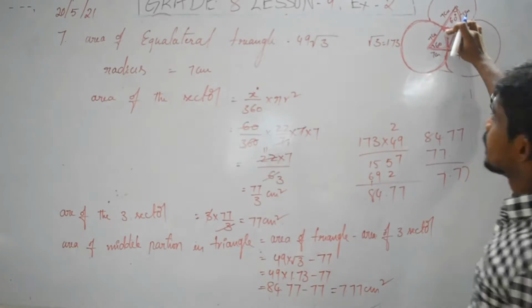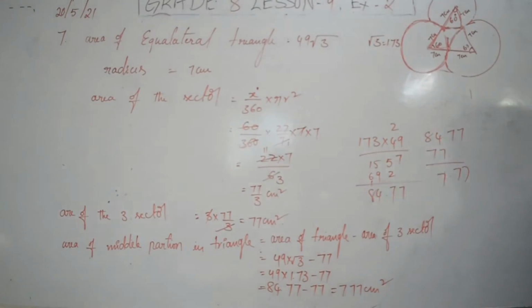So this middle partition area is 7.77 centimeters square.